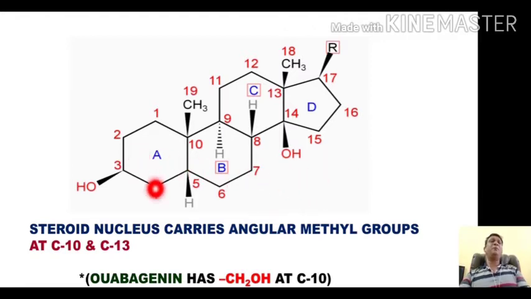When we number the whole steroid nucleus, ending with C17, the carbon of this methyl group is given number 18, and the carbon of this methyl group is given number 19. In this way we can number all the carbons.